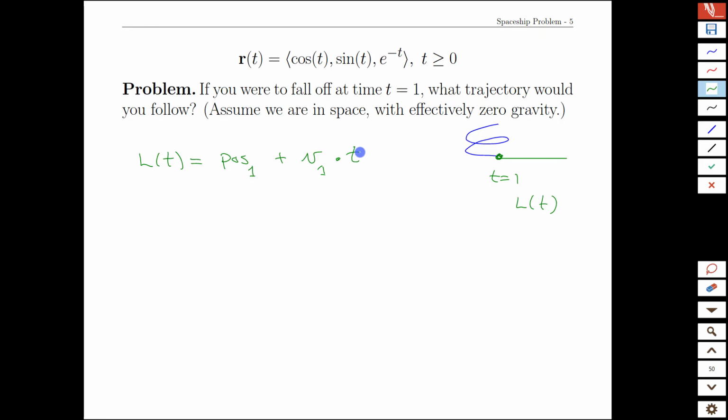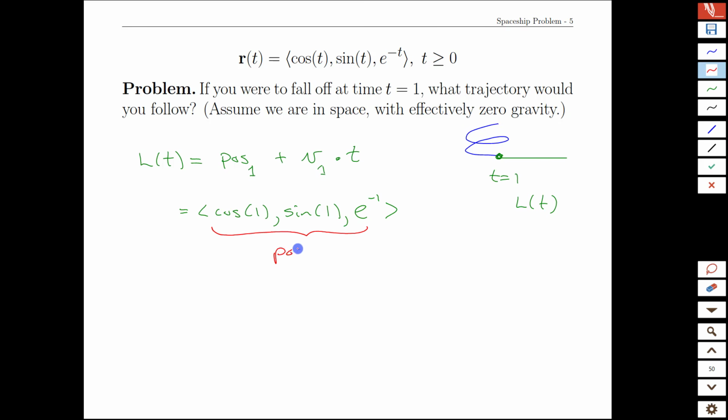So if we work that through, how do we get our position? We have a formula for the position. How do we get the velocity? We have a formula for velocity as well. We just sub in the values. So if we sub in our position at time 1, that'll be cos of 1, sine of 1, and e to the negative 1. That's our position at the falling off time.